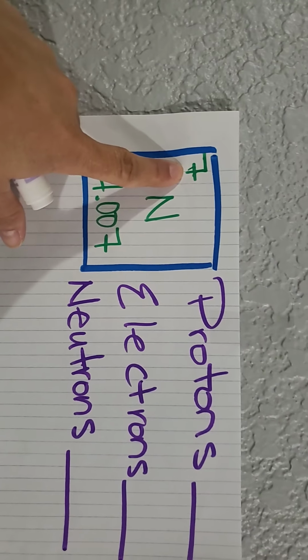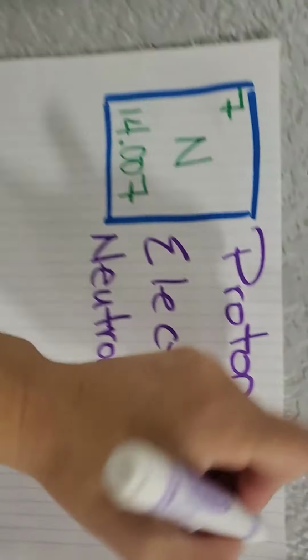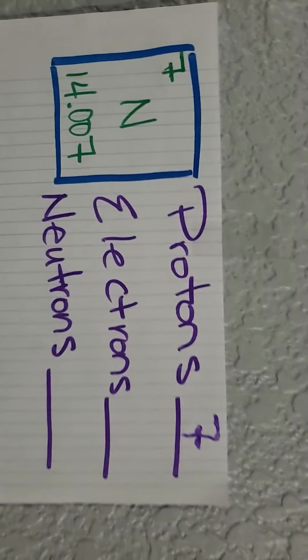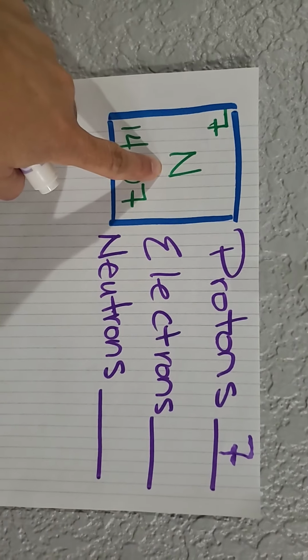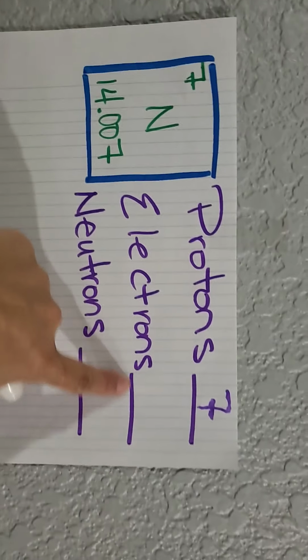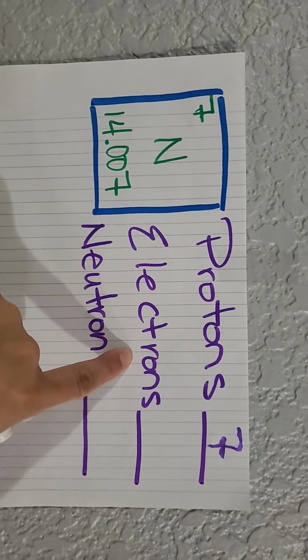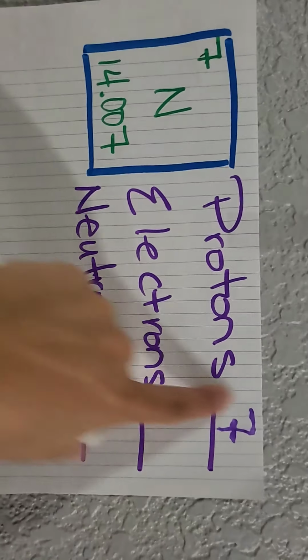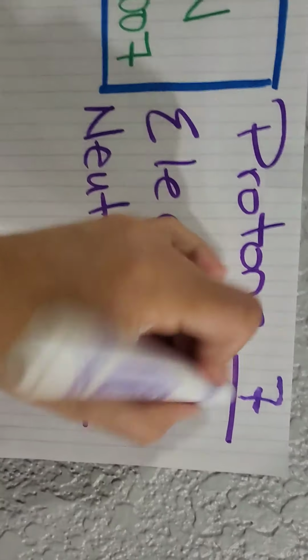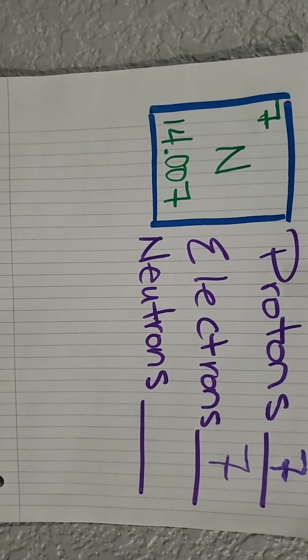This is my atomic number. Protons equal 7. Electrons equal the number of protons, so they have 7. Beautiful. Now here we go to the hard part.